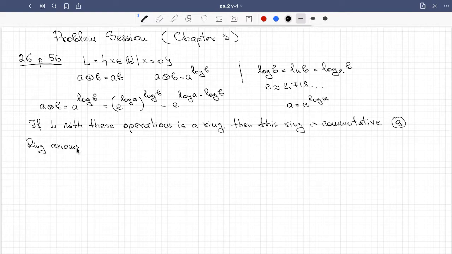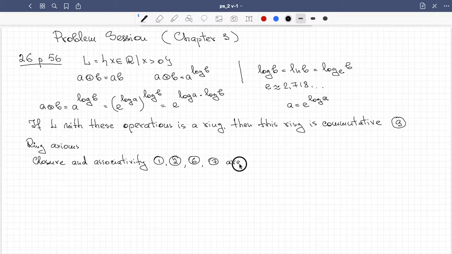So we have to check closure and associativity. They are clear. These are axioms 1, 2, 6, and 7 from the list of the axioms, and they are clear, straightforward.